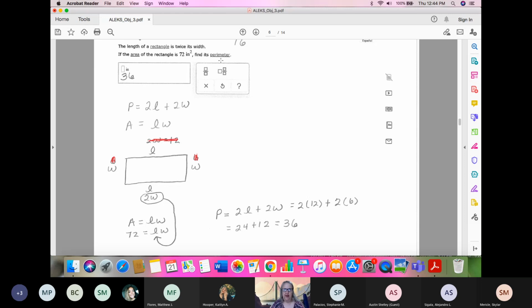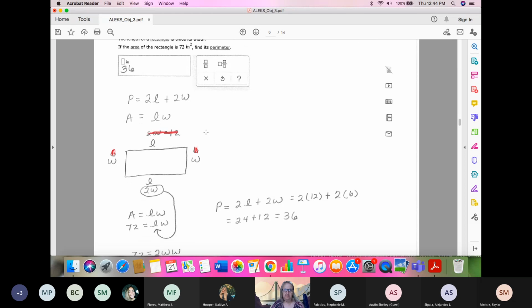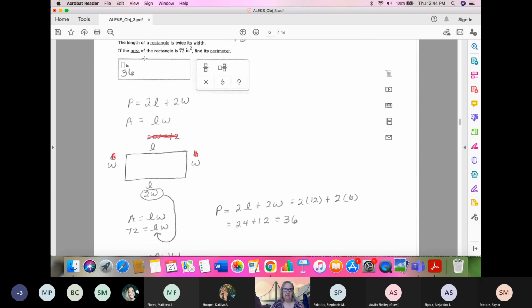So our goal is to find the perimeter. So what can we do? We already used the statement that the length of a rectangle is twice its width by putting in the 2W right here.